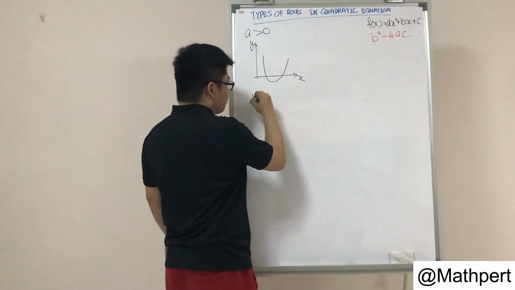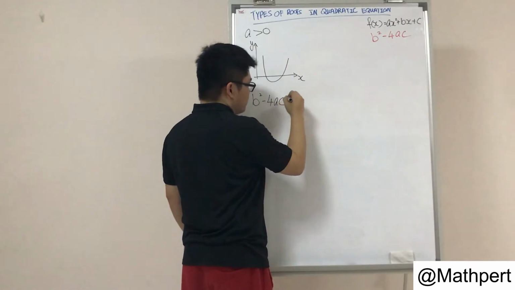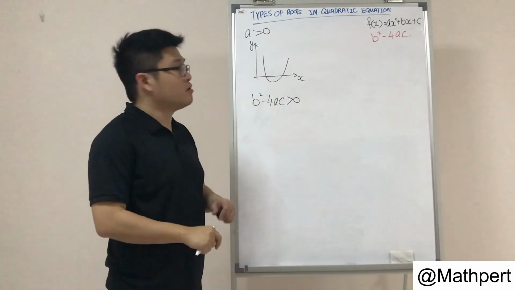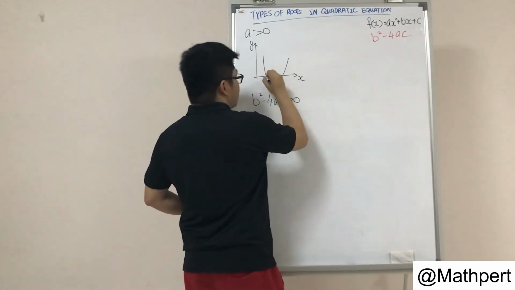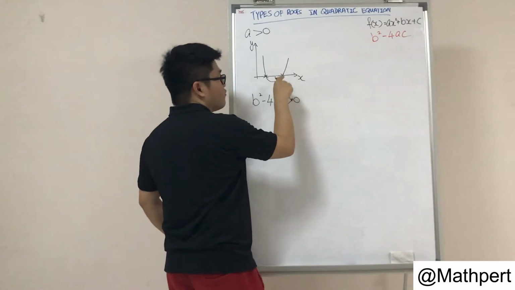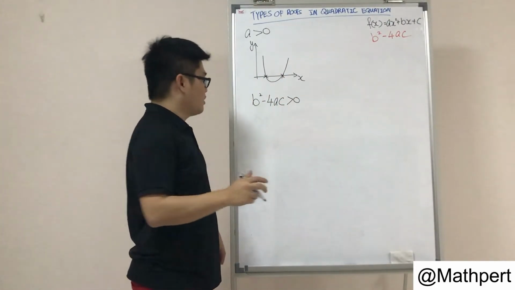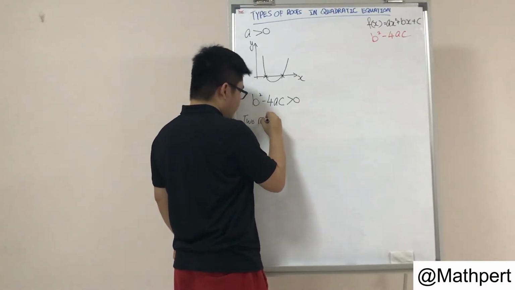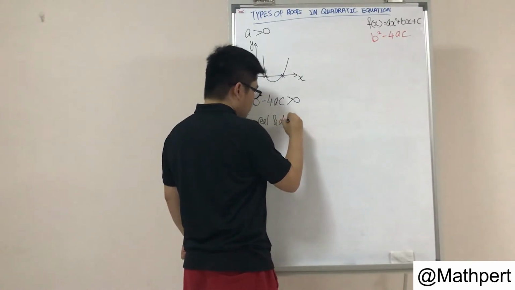This is when b squared minus 4ac is bigger than 0. The curve intersects the x-axis at 2 points, and they have 2 real and distinct roots.